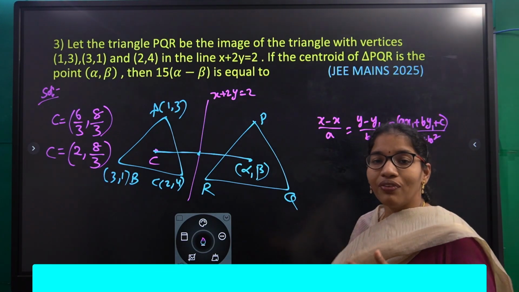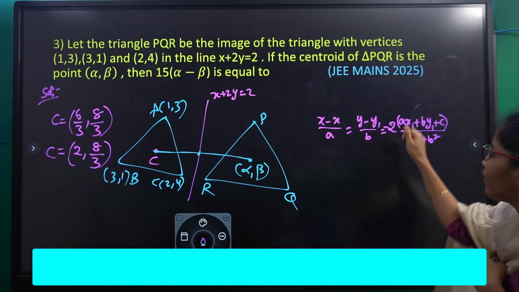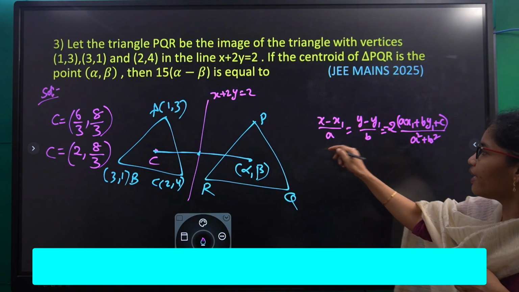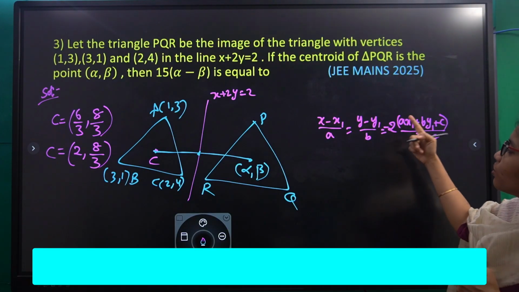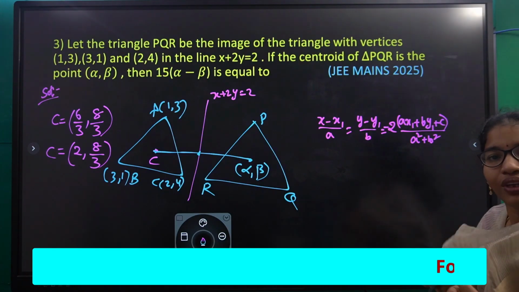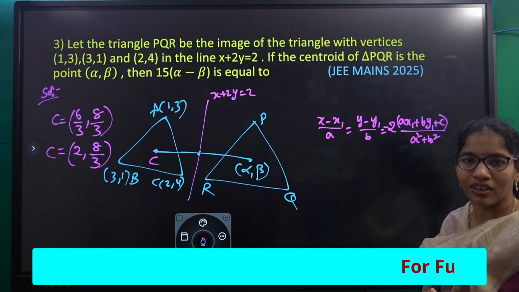If you want to find the foot of the perpendicular of any point on the line, then you have to take this 2 out. That's it: (x minus x1) by a equal to (y minus y1) by b equal to minus (a x1 plus b y1 plus c) by (a square plus b square). That is the foot of the perpendicular. And when you put the 2, it is nothing but the image of the given point.